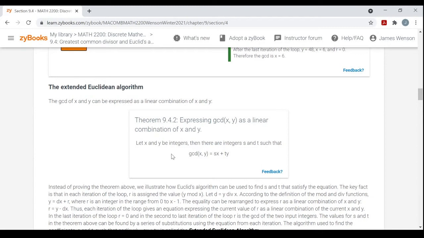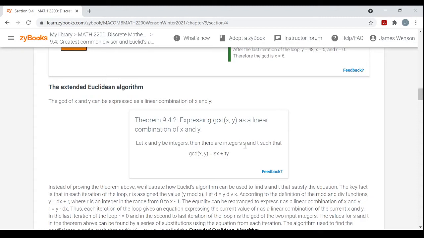All right. Now, the extended Euclidean algorithm. We're going to run through the Euclidean algorithm as I did before. But then afterwards, we're going to be expressing the greatest common divisor of our two numbers in the beginning as a linear combination of those two numbers. So suppose x and y are integers.